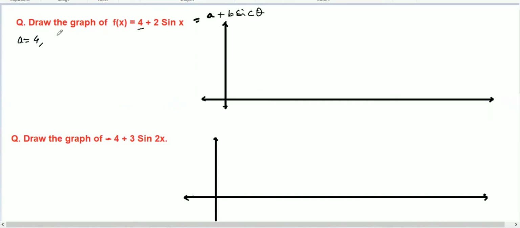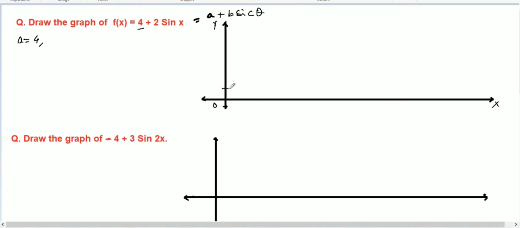The function will shift vertically 4 units. This is your x-axis, this is your y-axis. The graph would be on the x-axis, but as here is 4, the midway line is 4. So this graph will shift vertically 4 units, or you can say that 4 will be the midway horizontal line of the graph.